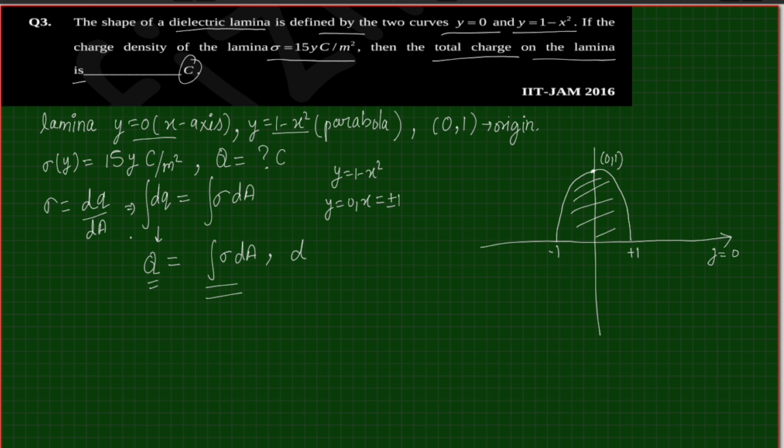Because this is in 2 dimensions, dA we can write as dx and dy. The integral becomes sigma as a function of y, dx dy, because this is a double integral, so I have to make another integral sign here.